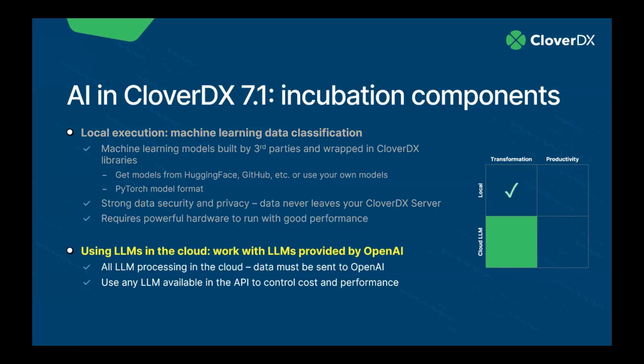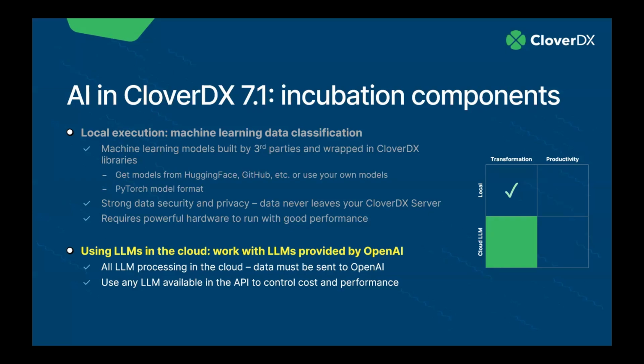As I mentioned, we also introduced the OpenAIClient component that allows you to work with cloud-hosted models. In this case, it works with the OpenAI API and allows you to send your data to the OpenAI API, and again, use different kinds of approaches to process the data there. The component is really flexible and it allows you to do pretty much anything you need.